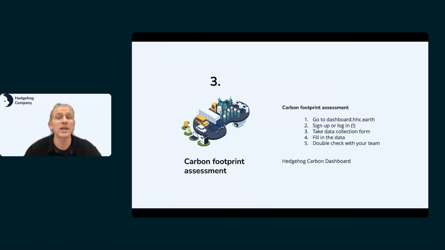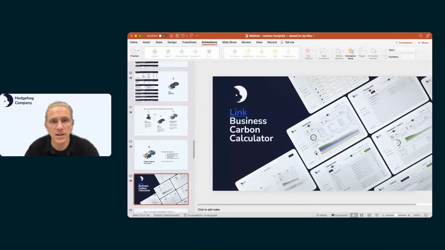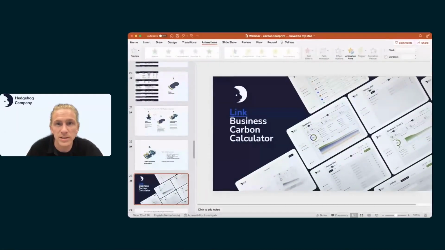You take your data collection form. Preparation is key. Make sure that you have your data collection fully filled in before filling it in the dashboard. And here again, double check with your team, because errors are easily made. So let me quickly get out of this presentation and dive into the dashboards.